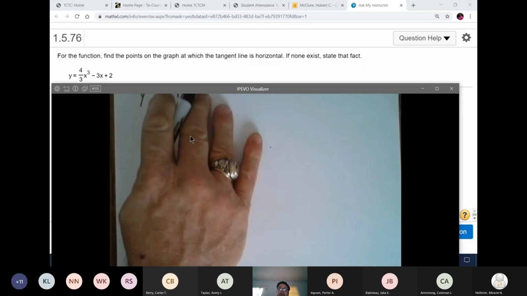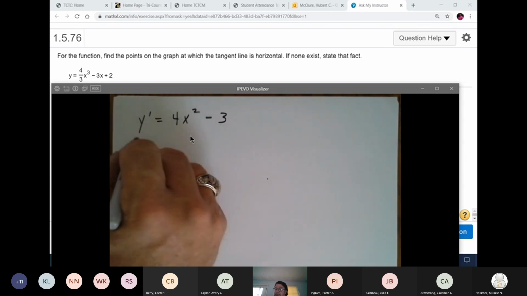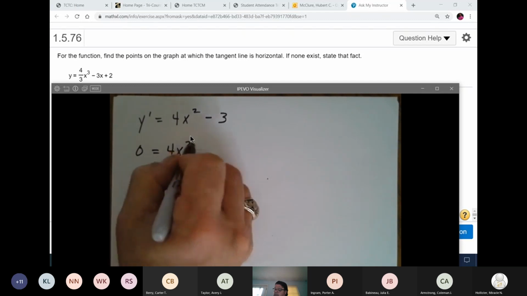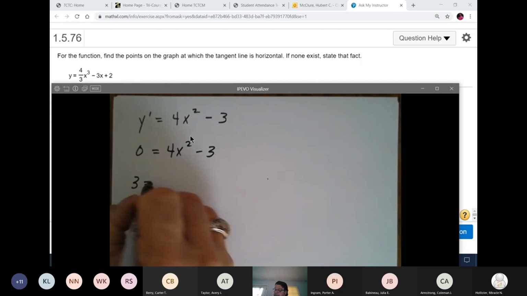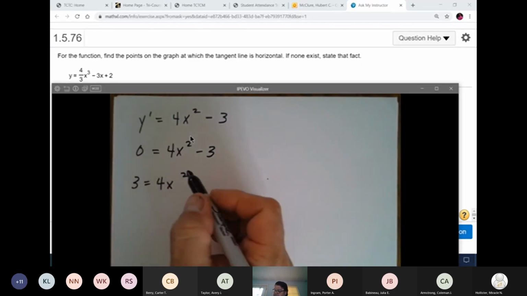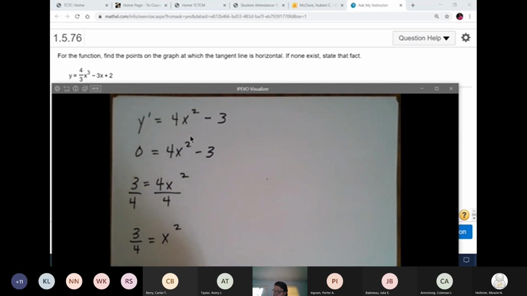Now I'm going to set the first derivative equal to 0. So 3 on this side would be 3 is equal to 4x squared, divided by 4, 3/4 is equal to x squared. x is equal to the square root of 3 over 2.